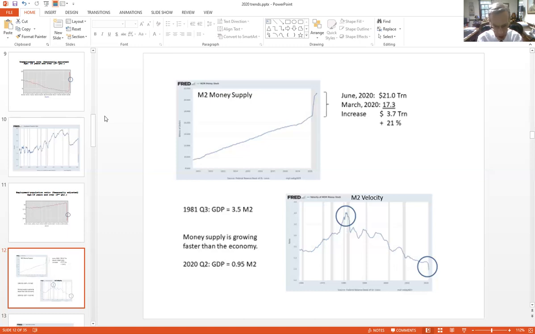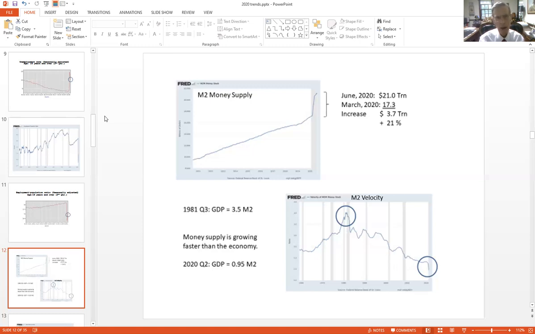That is to say, if we divide GDP by the money supply, we get 3.5. But in the most recent second quarter, it was less than 1 time. So this indicates that there is a lot of money out there, currency available.